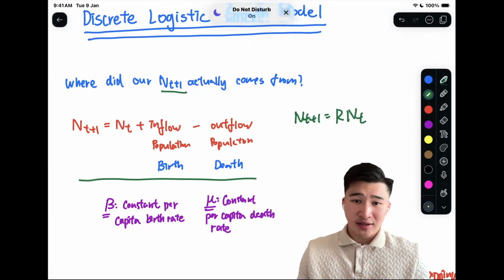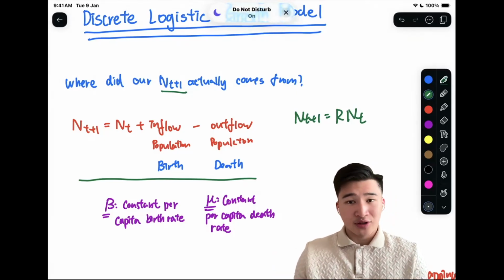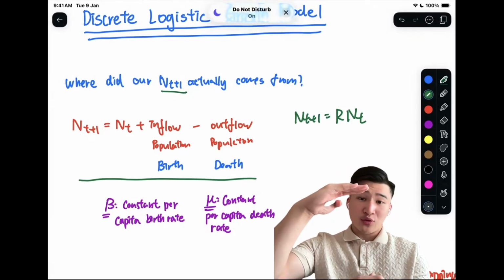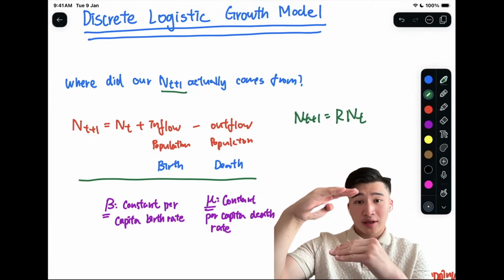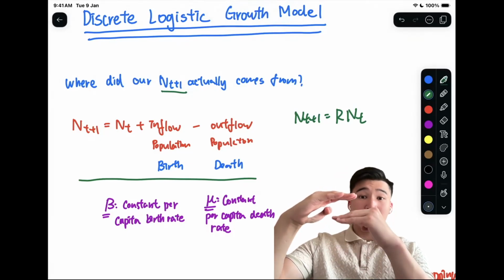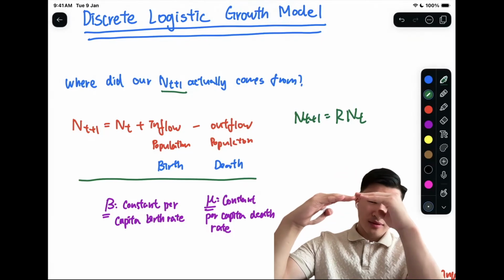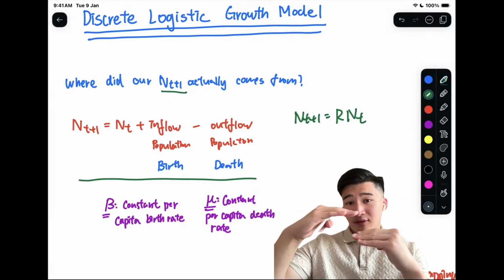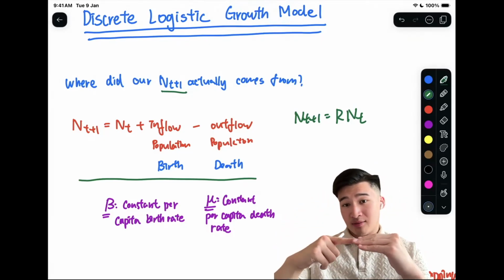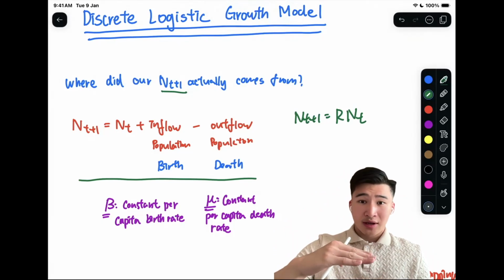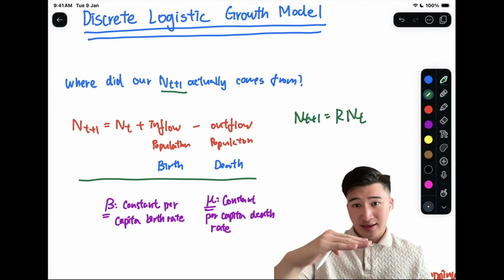This formula is a little bit intuitive. Just for a quick summary, to find our N_{t+1} population, we have our current population, in addition to how many new members have been born, right? We have birth and all that. But at the same time, we have to subtract the deaths. So our new N_{t+1} is current population plus birth minus death.